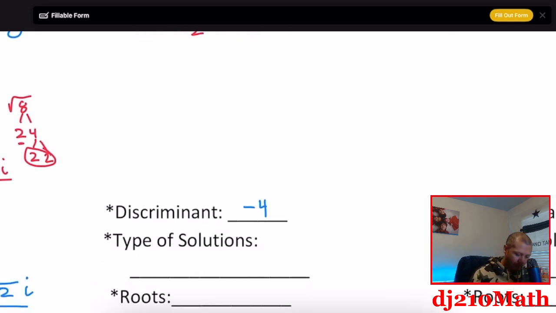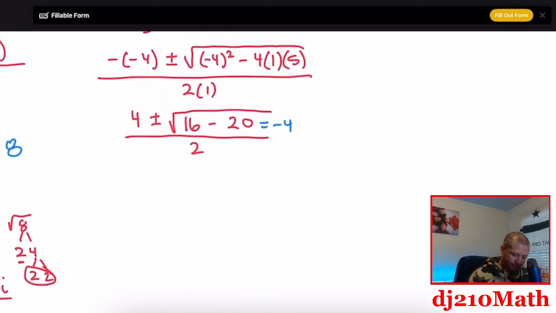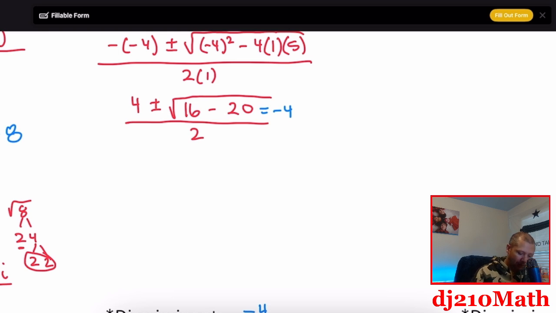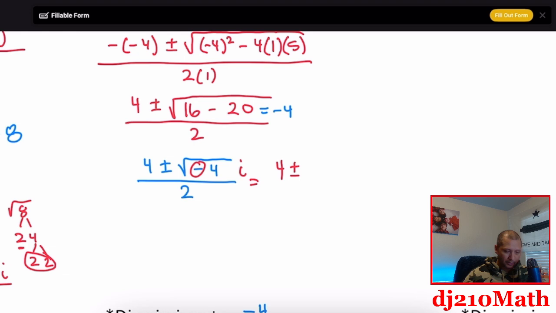Because it's negative, we're going to have 2 imaginary roots. i is going to be in our answer, basically. Okay, we have 4 plus or minus the square root of -4 over 2. -4 can be simplified, and the negative comes out as an i. So this is equal to 4 plus or minus the square root of 4 is 2, i over 2.